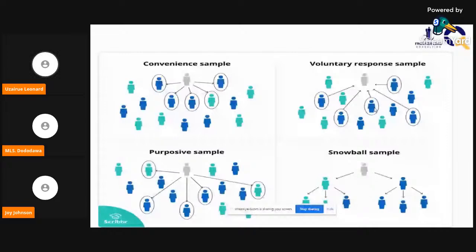For example, if you are talking about AMR, antimicrobial resistance, the best person to call is someone who did medical microbiology, a pharmacist who specializes in medical microbiology at postgraduate level. But when you are talking about nutrition, the best person to talk to is a dietitian or a nutritionist.